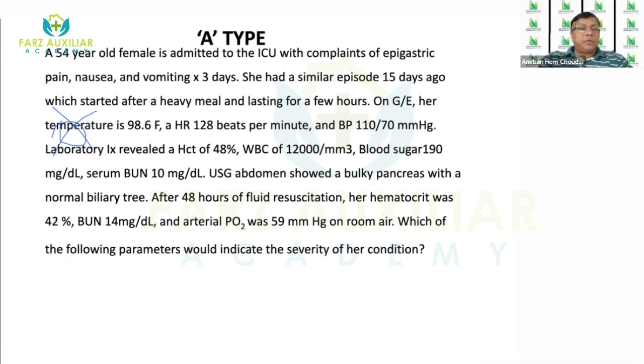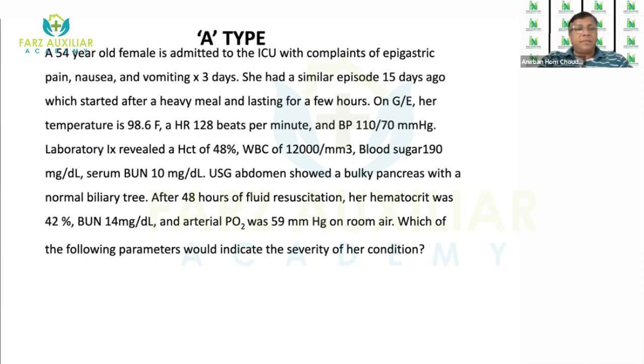Next question. A 54-year-old female is admitted to the ICU with complaint of epigastric pain, nausea and vomiting for 3 days. She had a similar episode 15 days ago, which started after a heavy meal and lasted for a few hours.